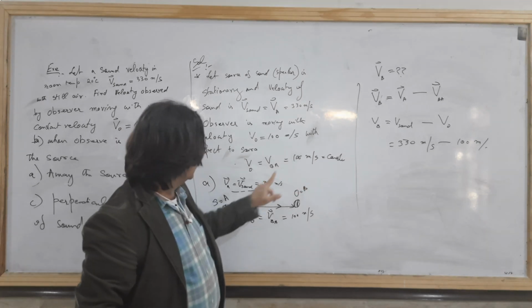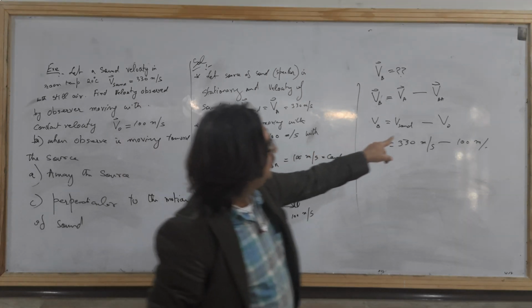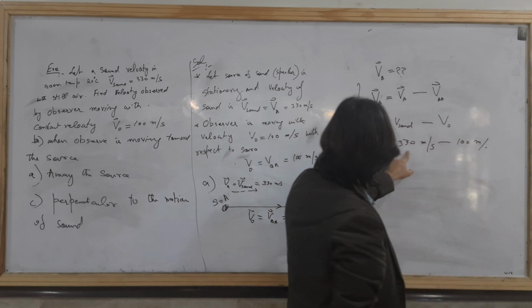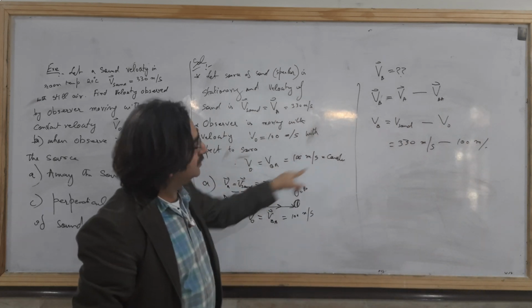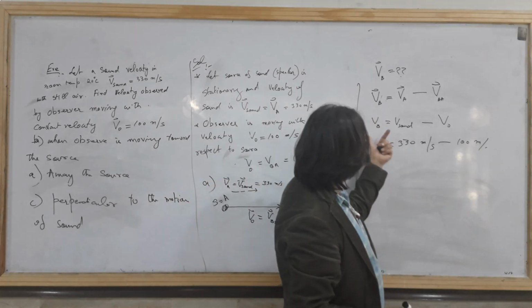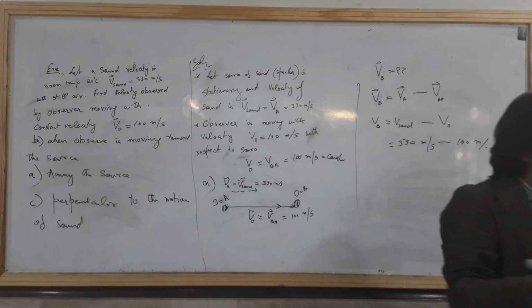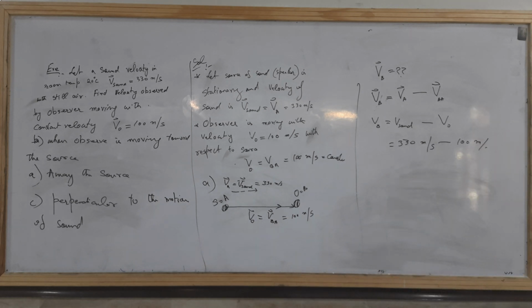Okay, and this is BA. VO is 100, and VA is sound, that is 330 meter per second. So this will be the magnitude. If you find the magnitude, it will be the same, because they make an angle of 0.